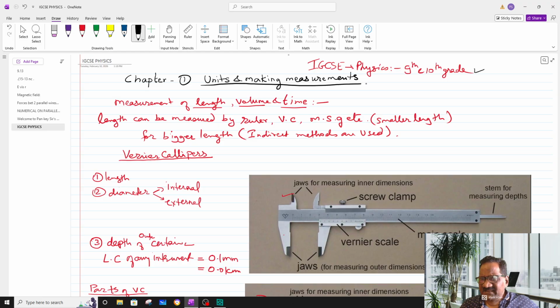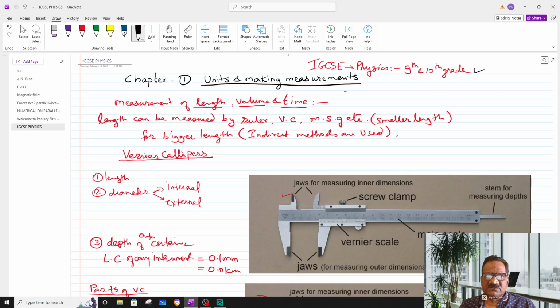Now see, I don't stick to a particular book, so my notes are very general. The question answers and the worksheets I will be providing to you from time to time. Those will be based on different textbooks and different grades. If you are in 9th grade, it will be related to 9th grade. If you are in 10th, it will be related to 10th grade.